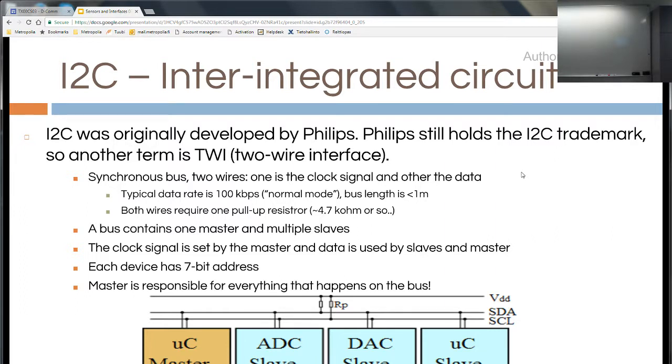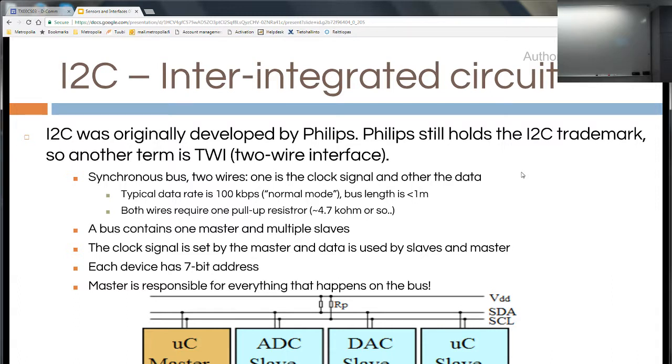So as long as they are not talking all at the same time, basically everything will be fine, which means that all the transactions again are started by the microcontroller master. So master initiates all the transactions. It also sets the clock signal for the bus.